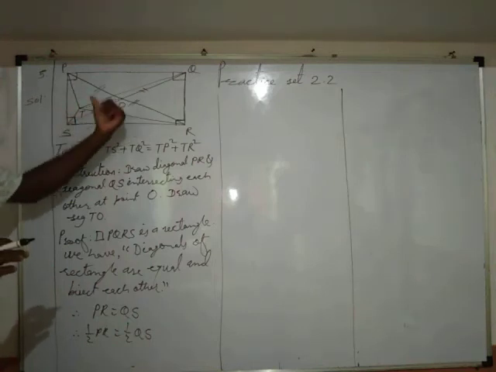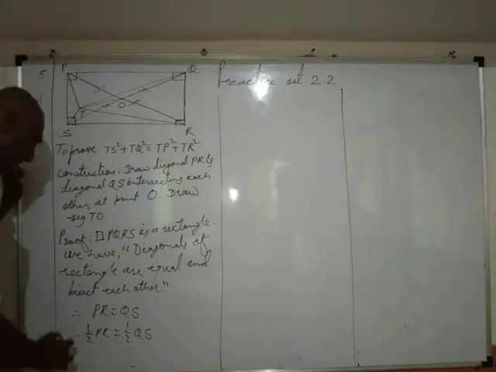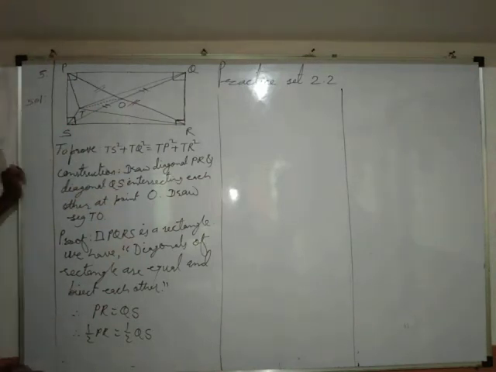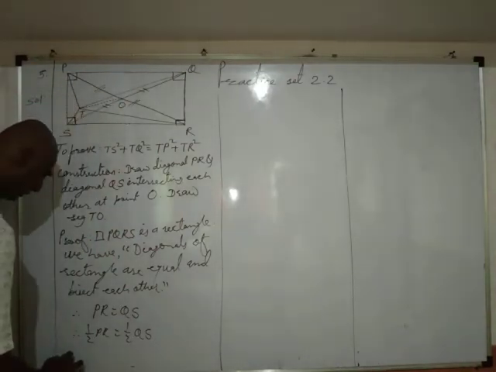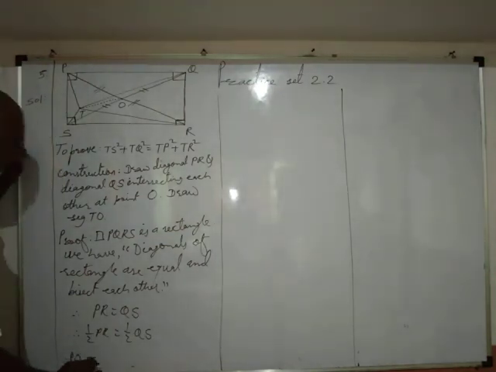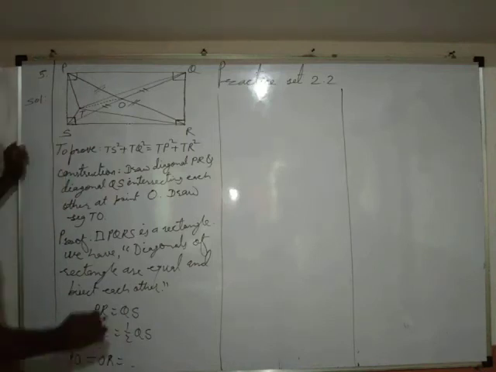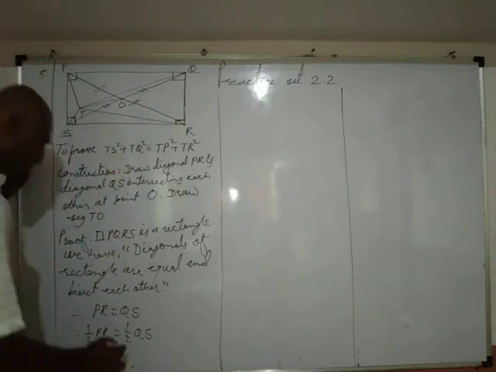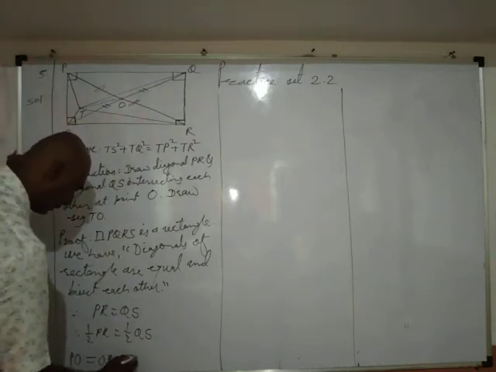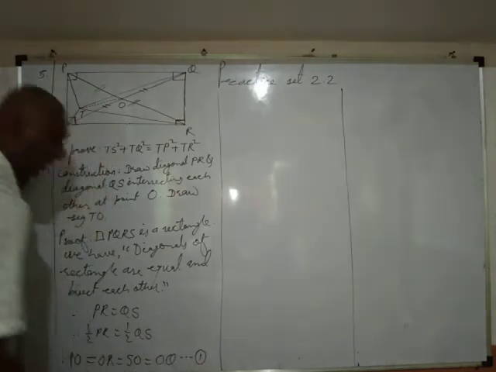SO is half of QS and QO is also half of QS. That's why half of PR we are going to write as PO equals OR, and half of QS, SO equals OQ. Let's call it equation first.